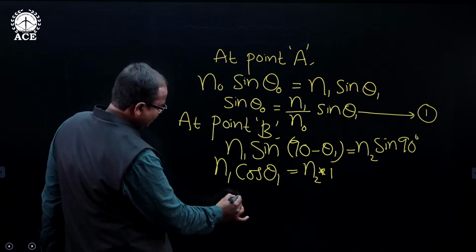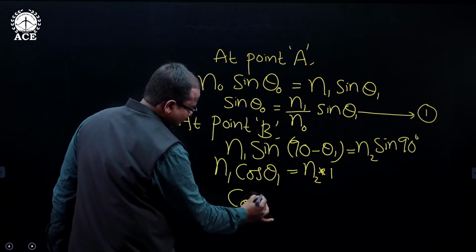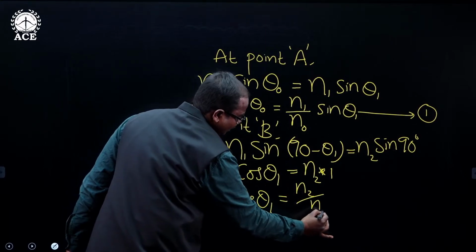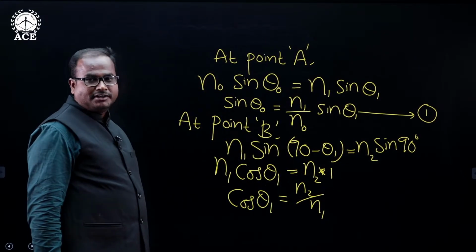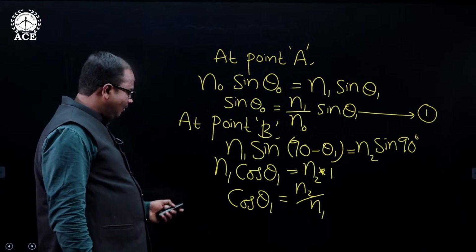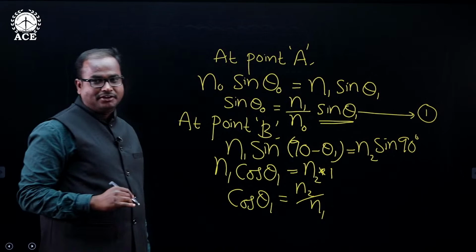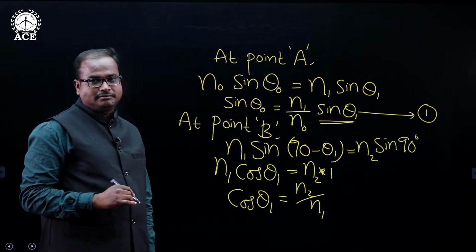From here, what is cos theta 1? Cos theta 1 is equal to N2 by N1. But here what we actually want is sin theta 1. We have cos theta 1.